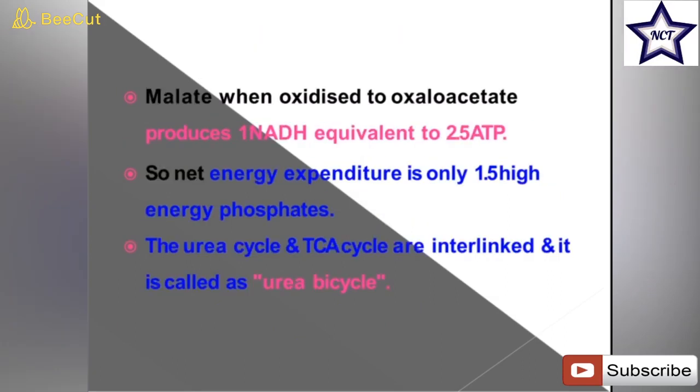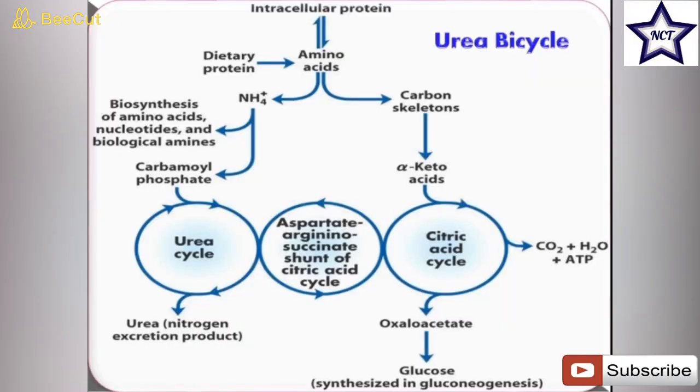Malate was oxidized to oxaloacetate to produce 1 NADH, which is equal to 2.5 ATP or approximately 3 ATP molecules. So the net energy expenditure is 1.5 energy phosphates, and the urea cycle and TCA cycle are interlinked. Therefore, it is also known as the urea bicycle.